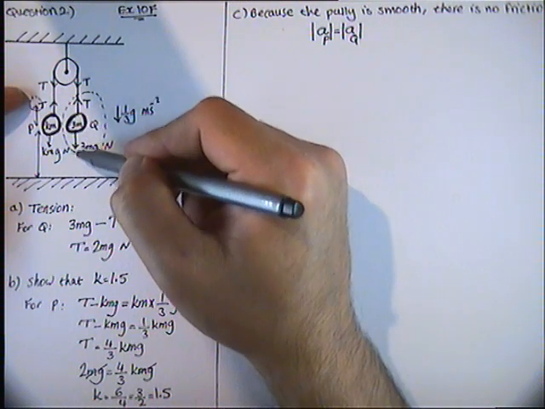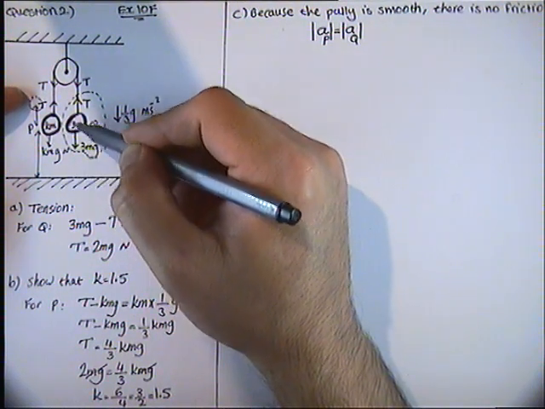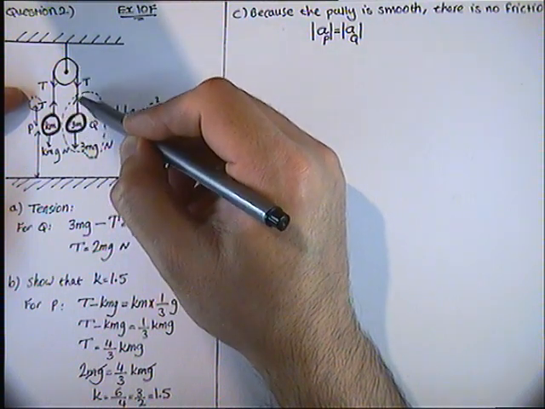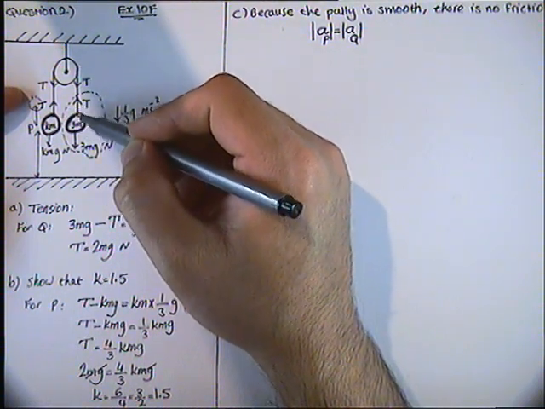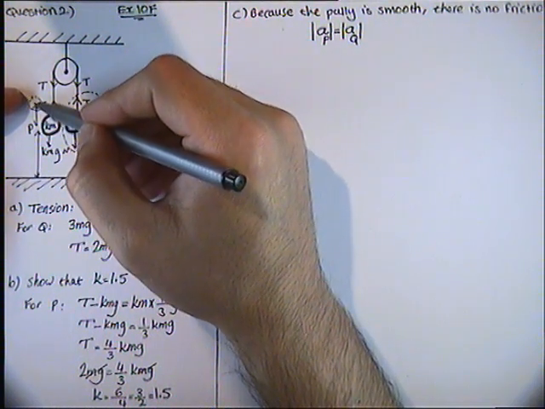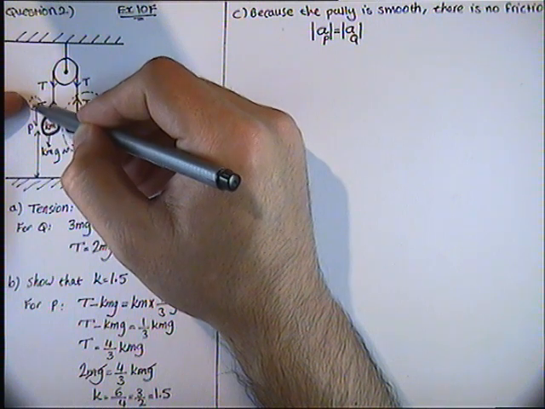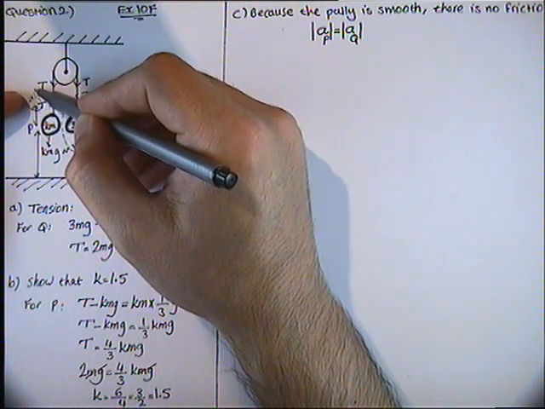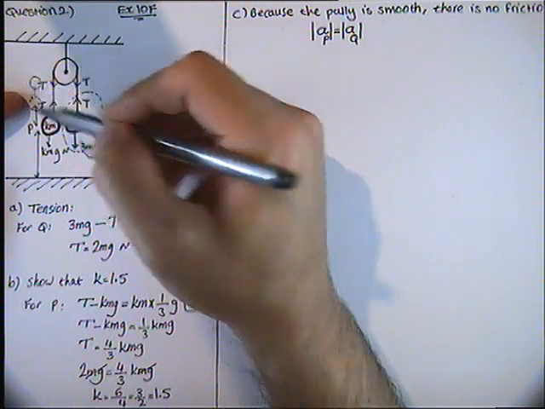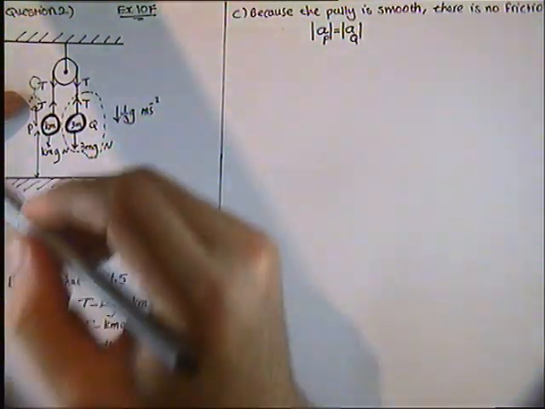However, after Q hits the ground, the string will become slack, so it wouldn't have any impact on the particle anymore. But since P has got velocity at this point, P will still continue moving up to the point when it comes to rest.